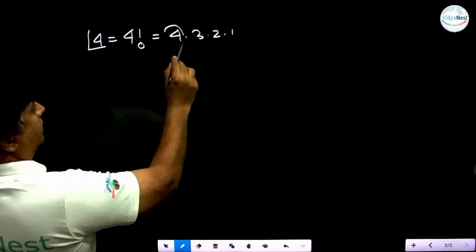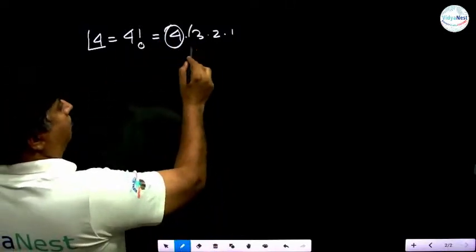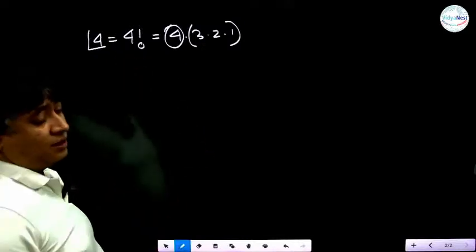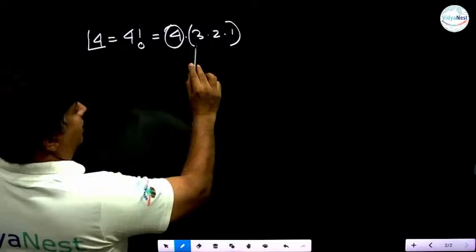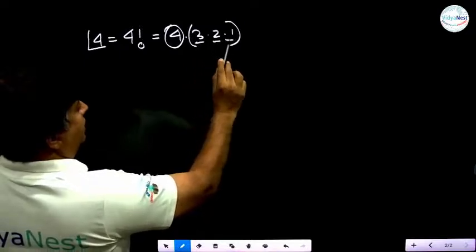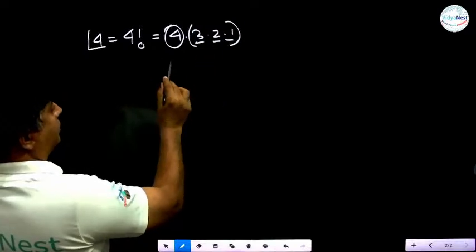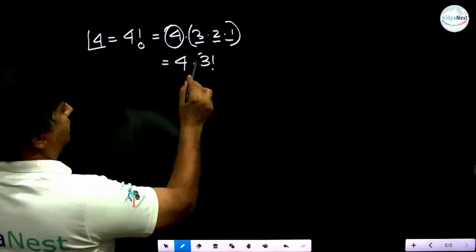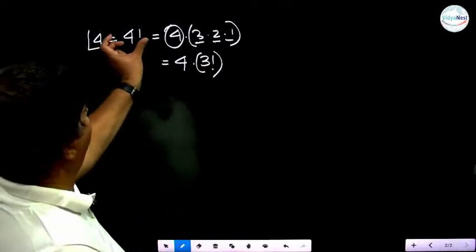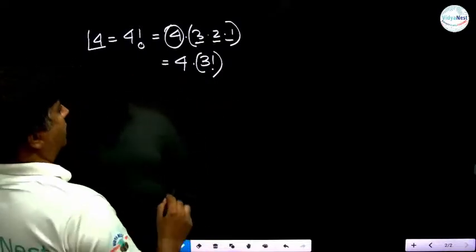So barring this 4, if I club the other 3 elements in a bracket, I will get factorial 3, these 3 preceding consecutive factors. So 4 into factorial 3. That means factorial 4 can be broken into 4 into factorial 3.